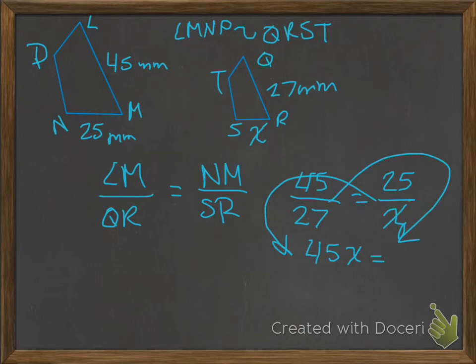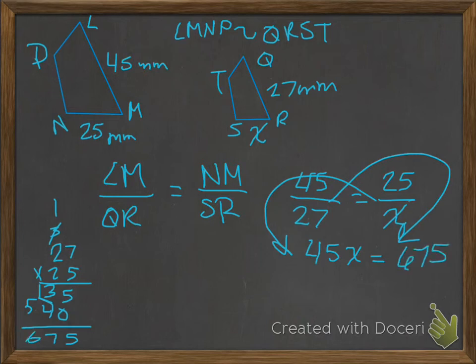Do some side work. 5 times 7 is 35, carry the 3. 5 times 2 is 10, plus 3 is 13. So 675.